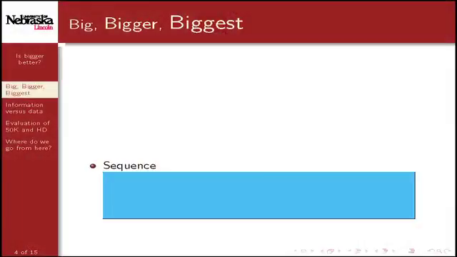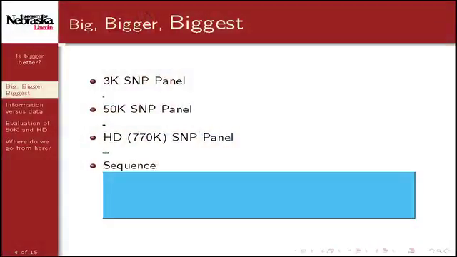But I want to think a little farther into the future, and it's probably not that far. So this is the size of sequence data, and I have a size the same as the 770. If I scale everything else back, the other ones start looking a lot smaller.